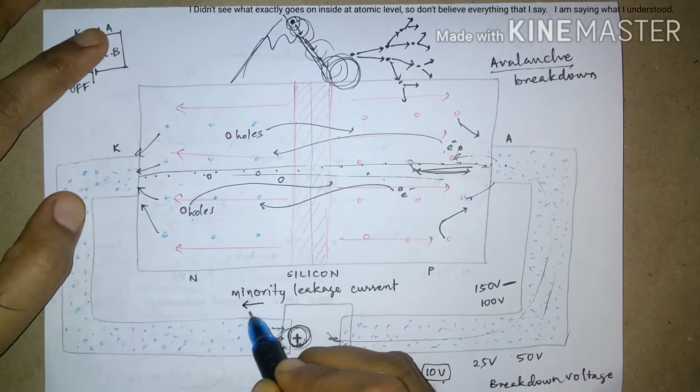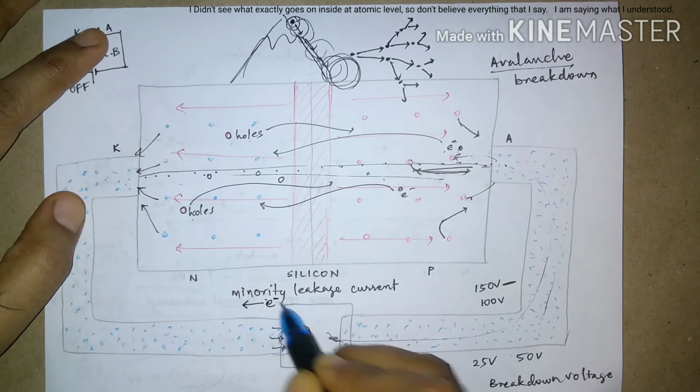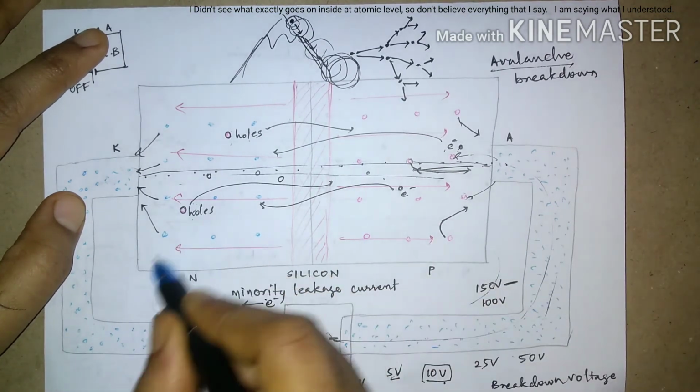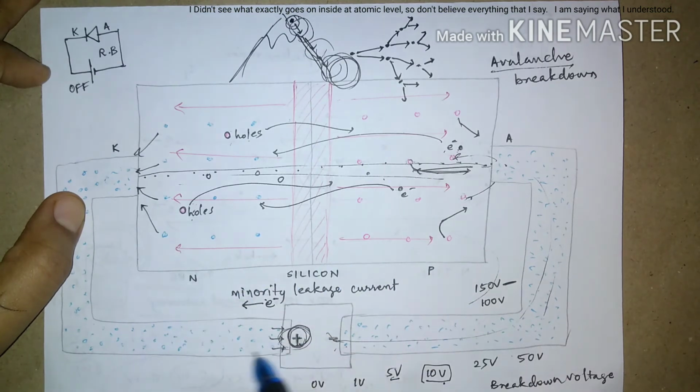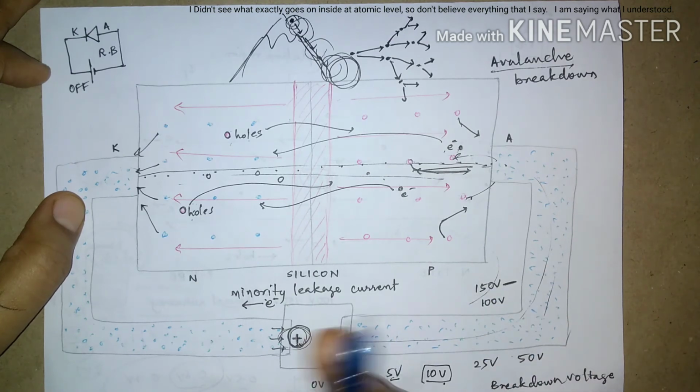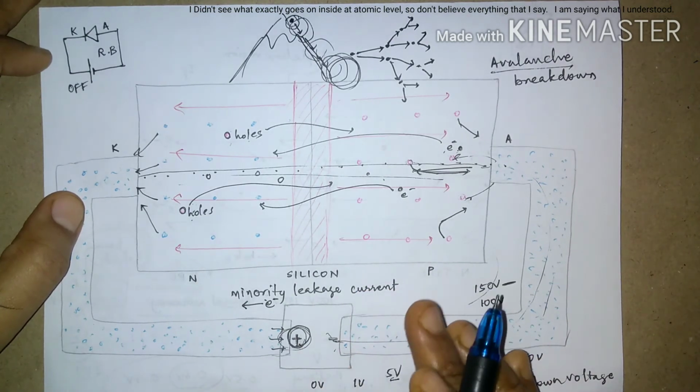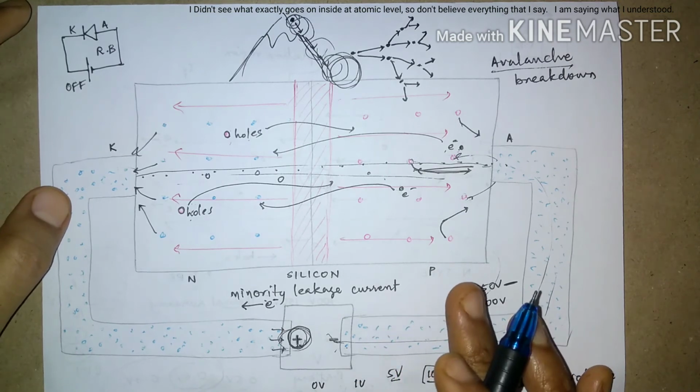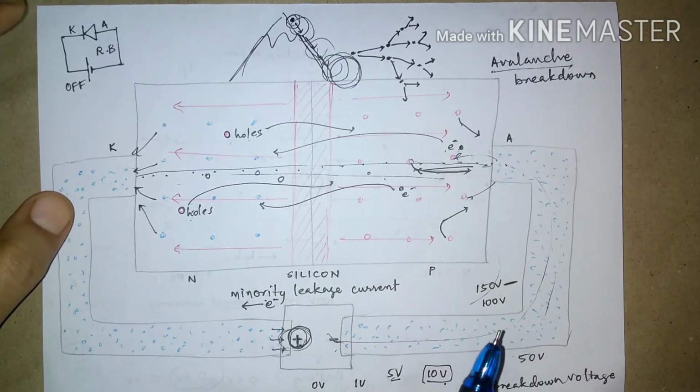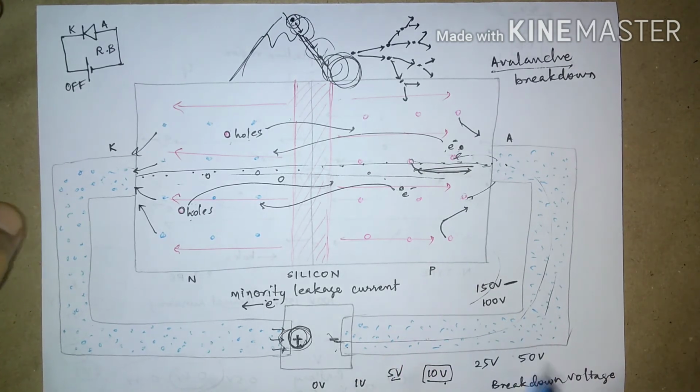So minority leakage current is in this direction. Okay, actual hole current is in this direction, minority, and the minority direction does not matter. I think you don't have any doubts. If you have any doubt, please ask your doubt and do not hesitate.